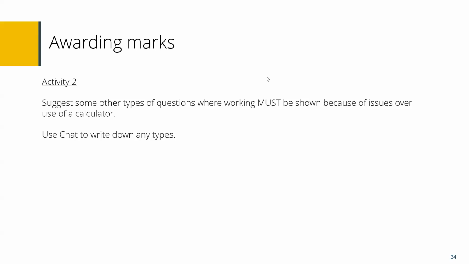I'll give you a minute to have a think and share any other maths topics where the graphic or scientific calculators can give them answers, and they can possibly lose marks because they use the calculator in the wrong way, or to skip some of the steps, either because they don't remember the method or because they try to use it in a smart way where they don't value those steps. So again, use the chat, please.